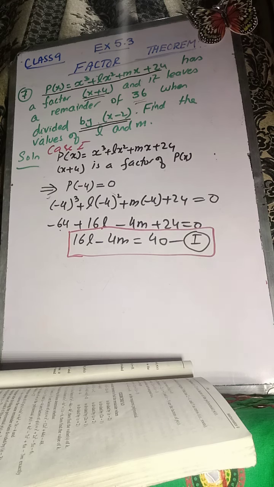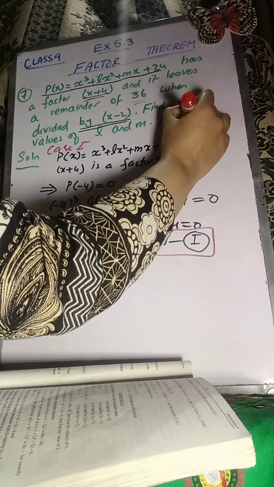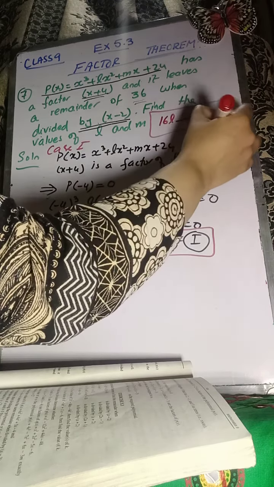Let me write this equation somewhere because we will be needing it. 16L minus 4M is equal to 40. This is equation 1.